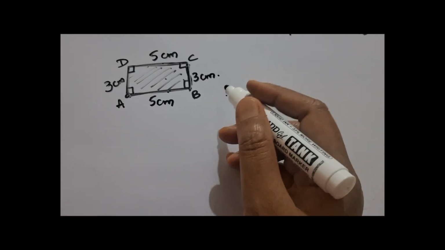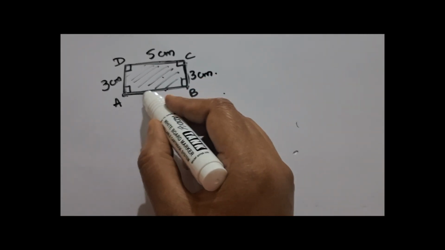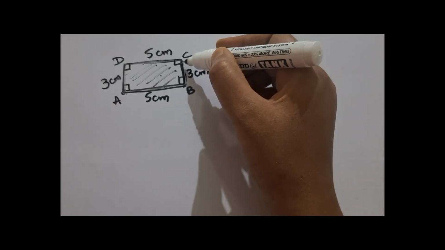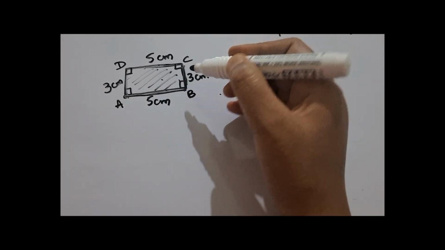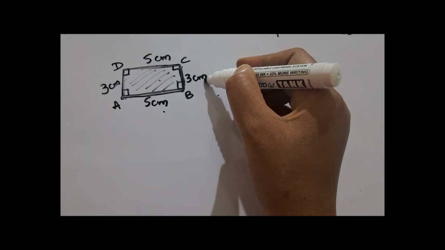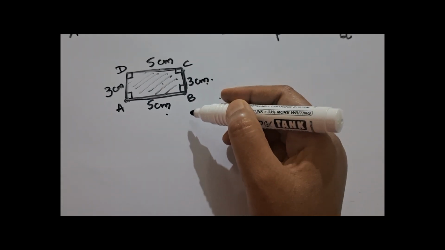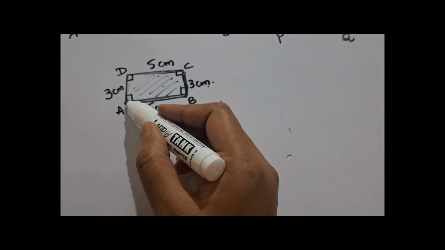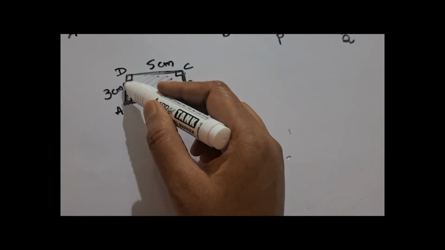Now children, suppose this is the length of the rectangle and this is the breadth of the rectangle. Length is 5 centimeter and breadth is 3 centimeter. Now I want to know the length of this boundary.